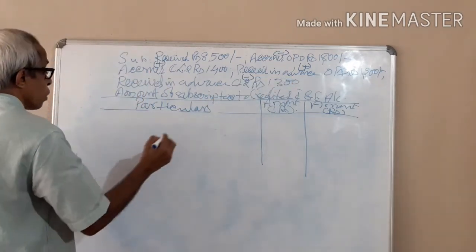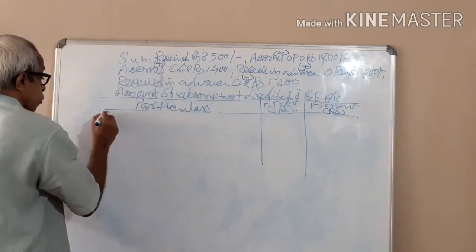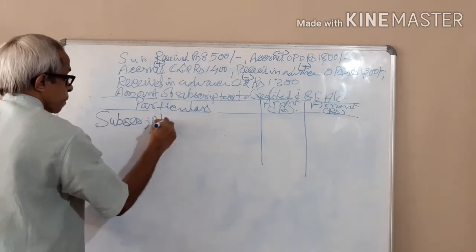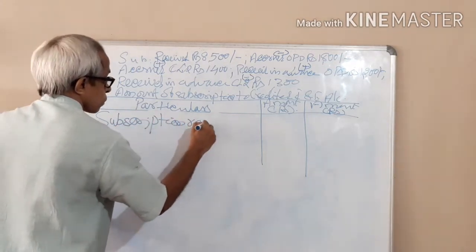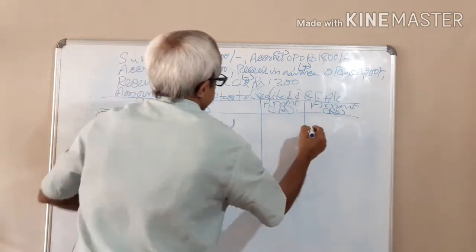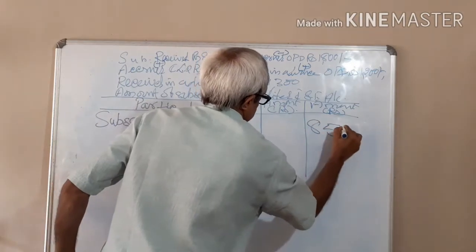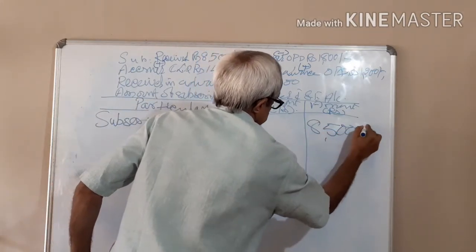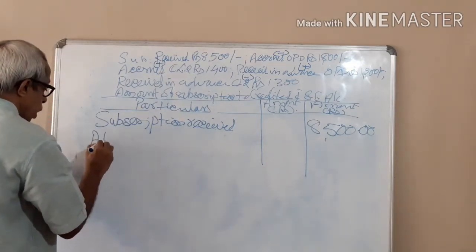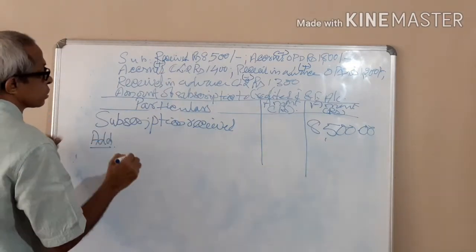So first of all, we may write subscription received. Subscription received is 8,500. To that we add items to be added.